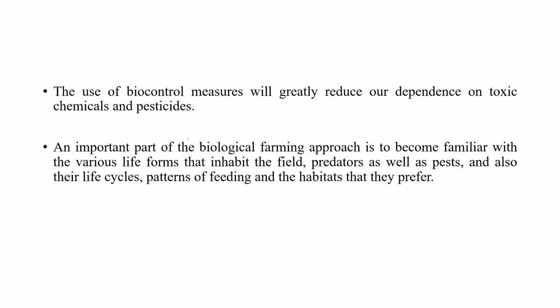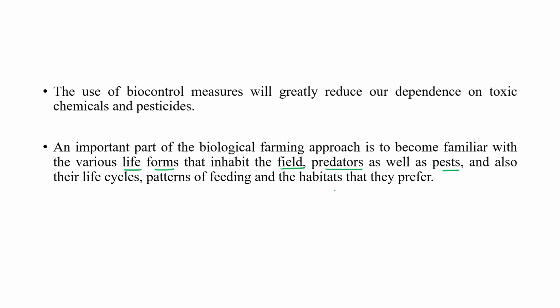An important part of the biological farming approach is to become familiar with the various life forms that inhabit the field, the various predators as well as prey, and also their life cycles, patterns of feeding, and the habitat that they prefer.